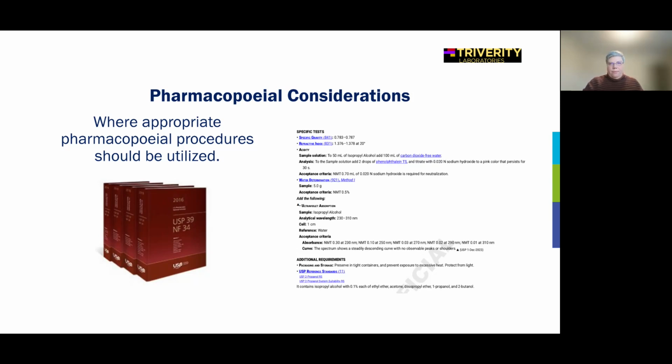And I think maybe 10% of the time I would use the USP method, and that really is just for the impurities and the assay. For things like water content and those kinds of things, we would use the general chapters.